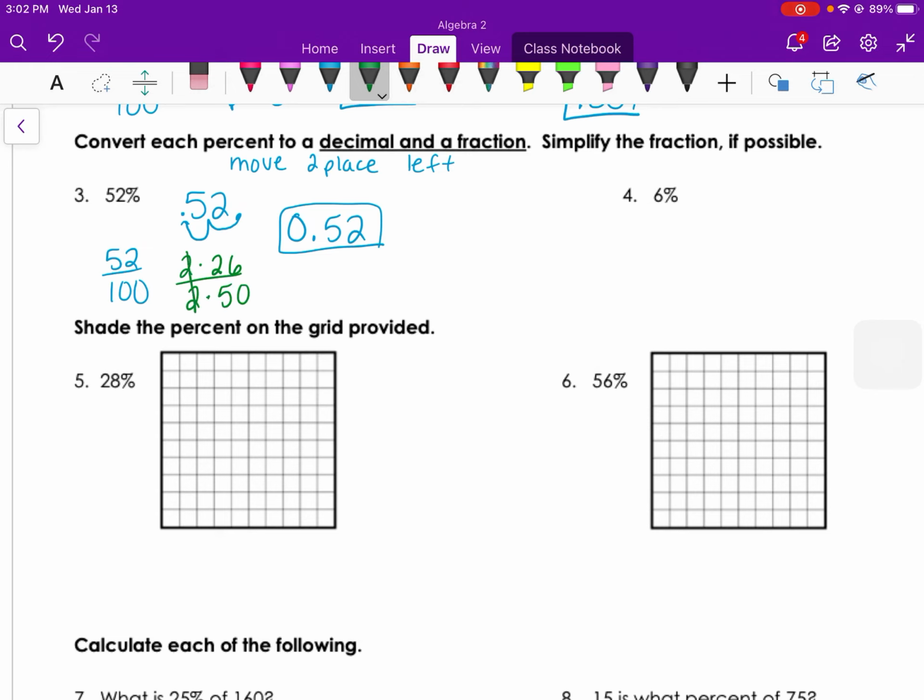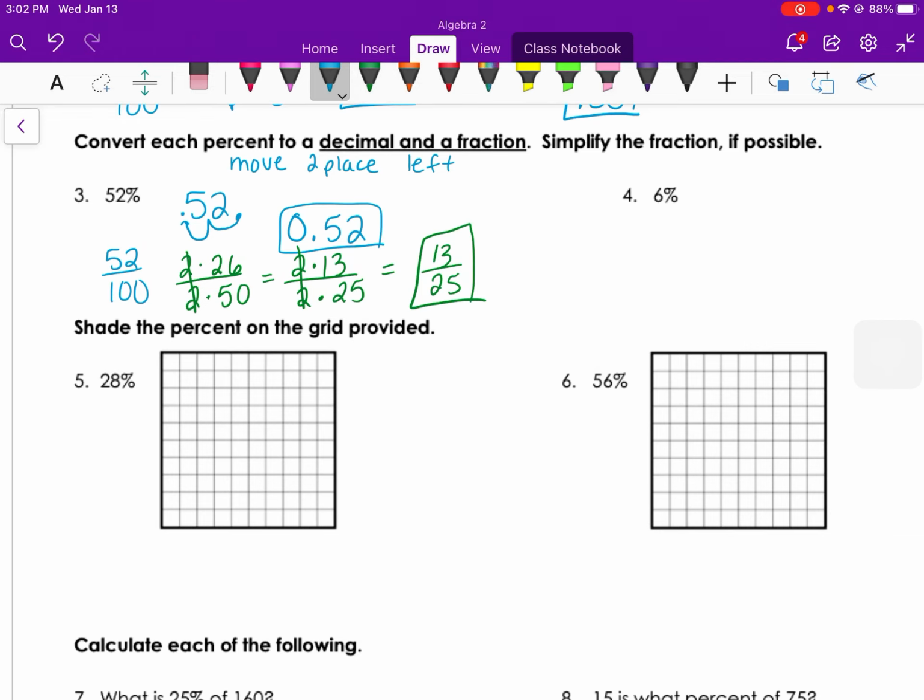And then you can divide by 2 again, so 26 is 2 times 13 and 50 is 2 times 25, so we can take out a 2 one more time. So 52 divided by 2 is 26, 26 divided by 2 is 13. Then 100 divided by 2 is 50, 50 divided by 2 is 25. And that will be as far as it goes because 13 is prime, which means I cannot divide 13 any further. We could have started by dividing by 4, I suppose, as well.